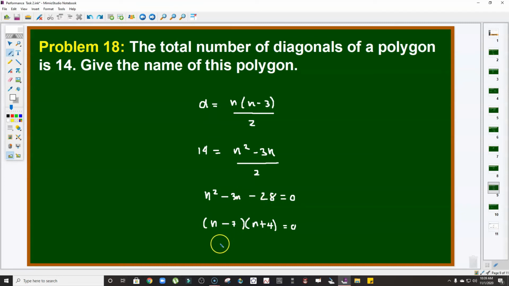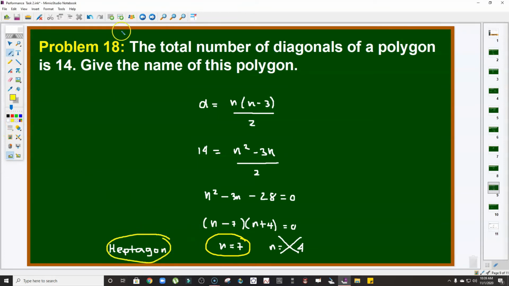So that's correct. Clearly, the value of n here is 7. We reject n equals negative 4, since we're talking about the number of sides. So if n is 7, the name of the polygon, which is what is asked, is a heptagon. N equals 7, the polygon is a heptagon. See that?